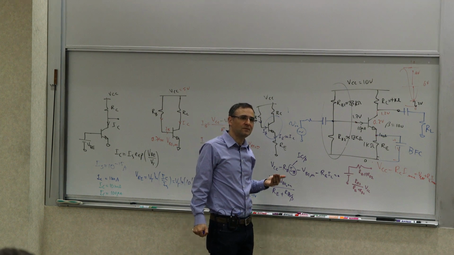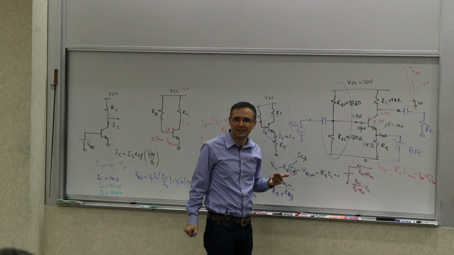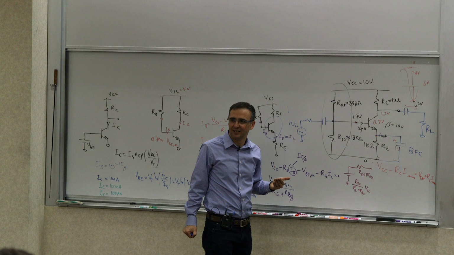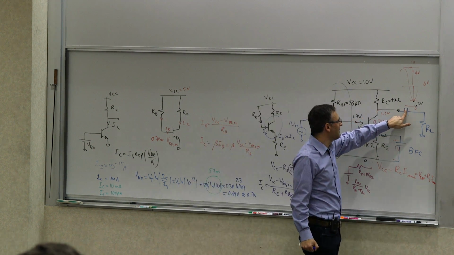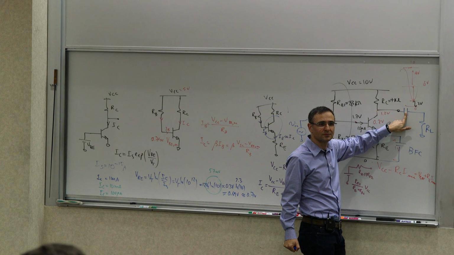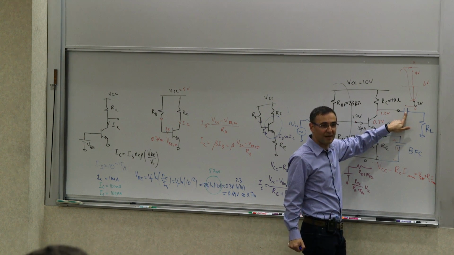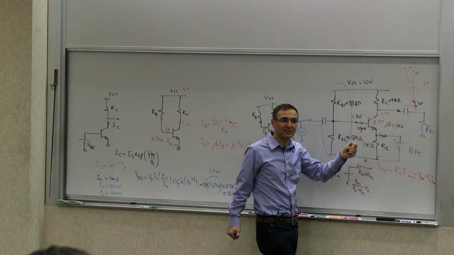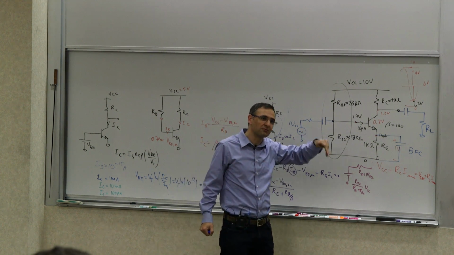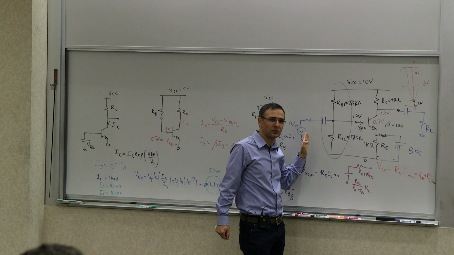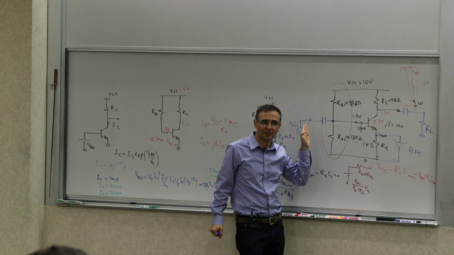Why? Because first of all, they're big and expensive. Second, these capacitors will limit your low frequency cutoff of the system, meaning that very low frequency stuff doesn't go through unless you make this gigantic. So you will not only have a high frequency limit, but also a low frequency limit, which we'll learn how to calculate later on.